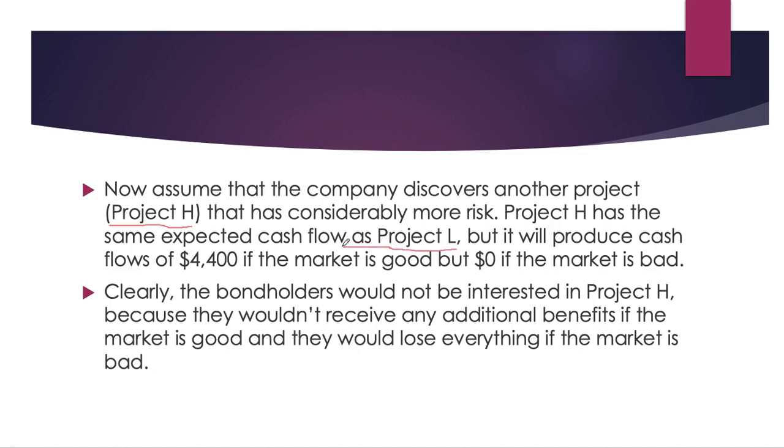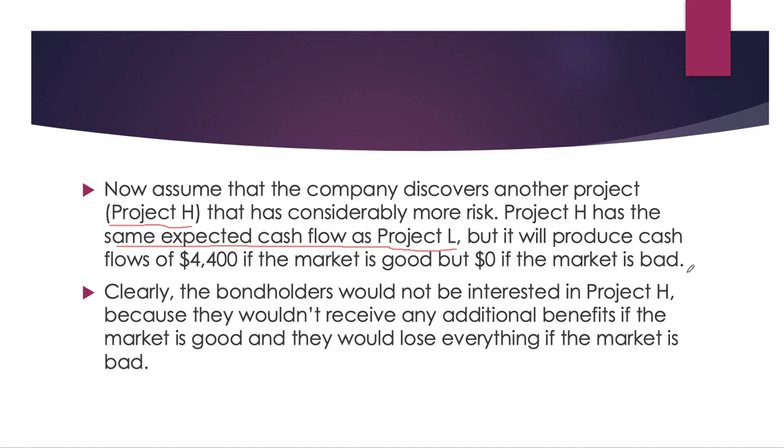So notice that the expected cash flow is the same, but it will produce cash flows of 4,400 if the market is good, but 0 if the market is bad. So as you see, the range of the results is much larger.